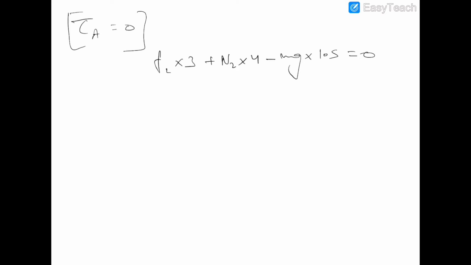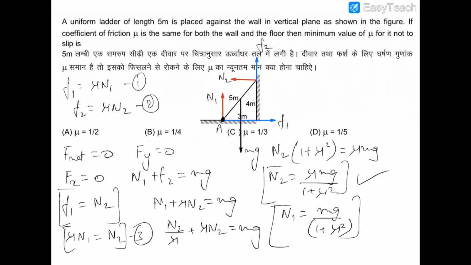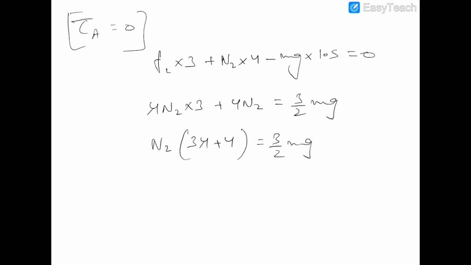Now we know that F2 is already mu N2, so mu N2 into 3 plus 4 N2 is equal to 3 by 2 of mg. Now this is N2 into 3 mu plus 4 is equal to 3 by 2 of mg, and the value of N2 is equal to mu mg upon 1 plus mu square.